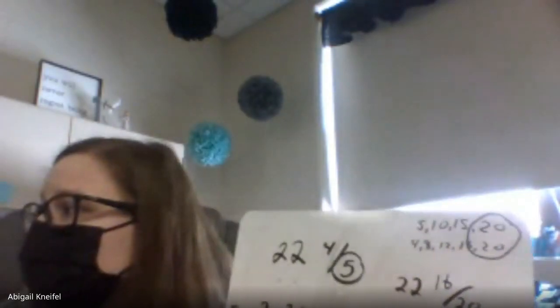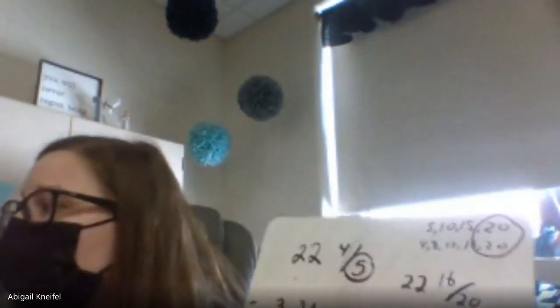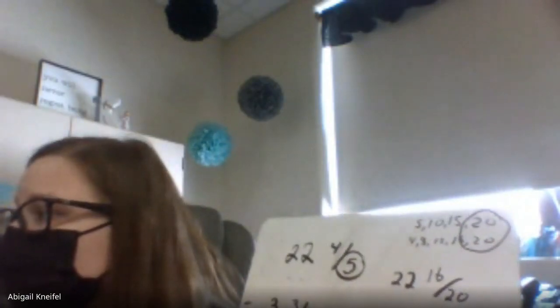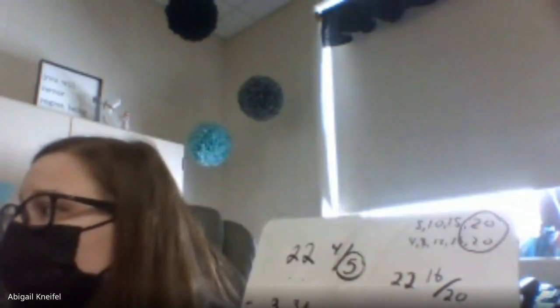Well, how could 5 times something equal the same as 4 times something both to get to 20? They both wouldn't be 20. 4 times 4 is 16. It is not 20. Yes, I'm looking at your board.